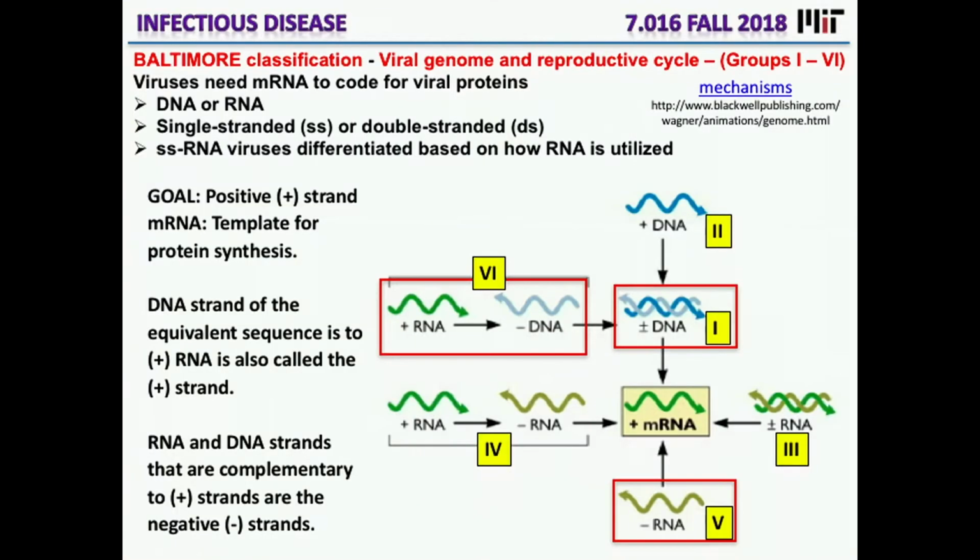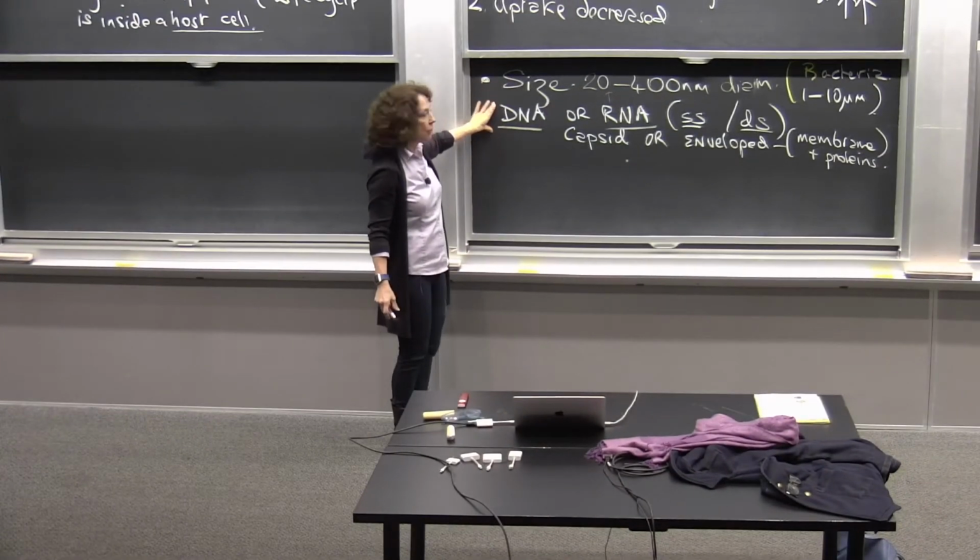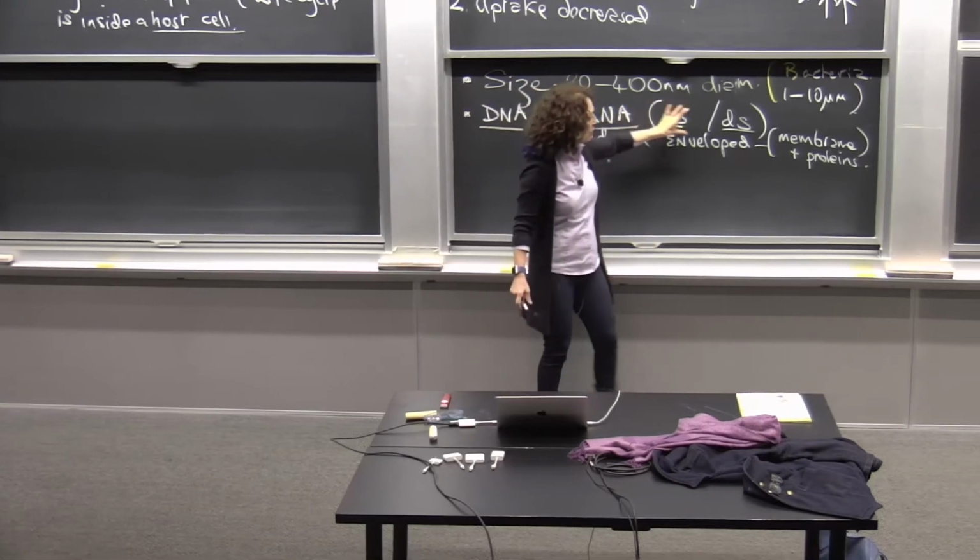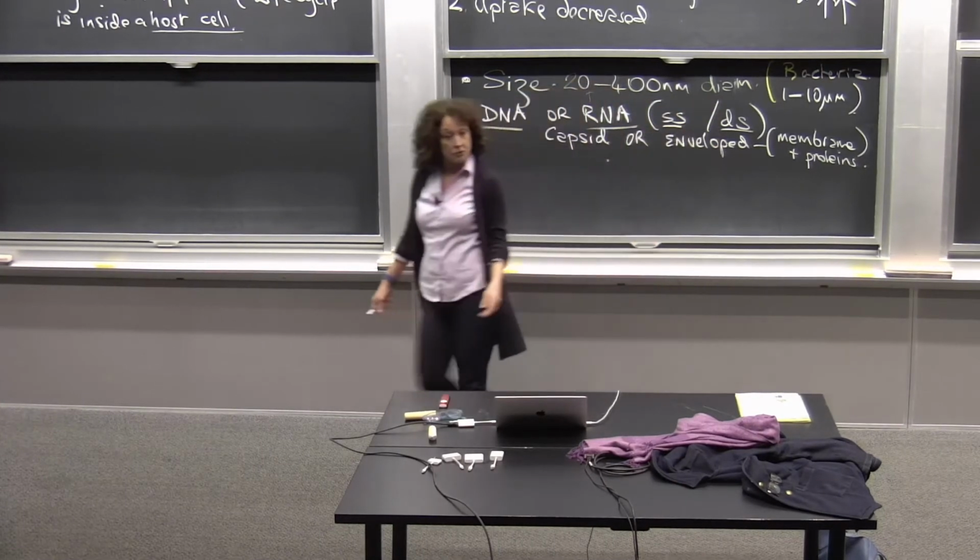Anyway, what Baltimore decided was that it is much better to classify viruses by the type of genetic material. Like, are they DNA or RNA? Is that DNA or RNA single-stranded or double-stranded?